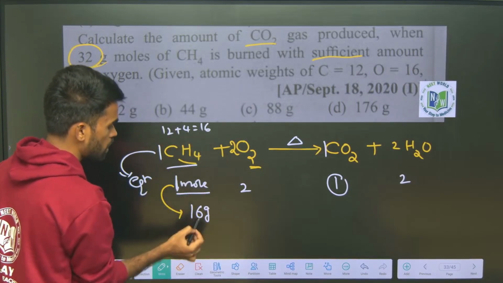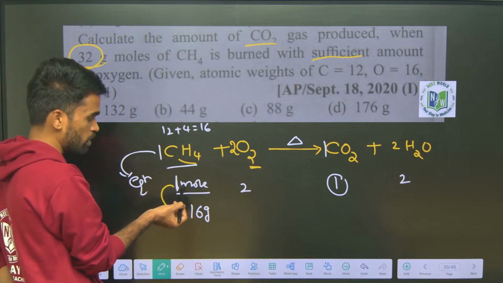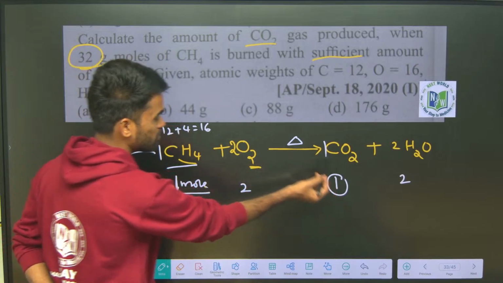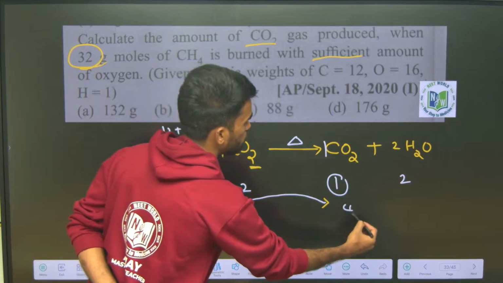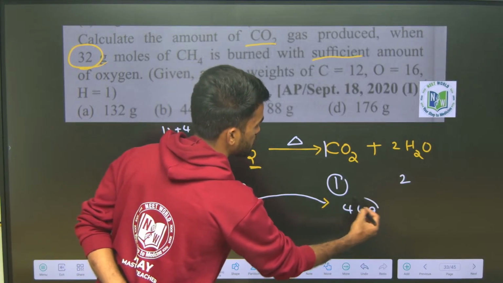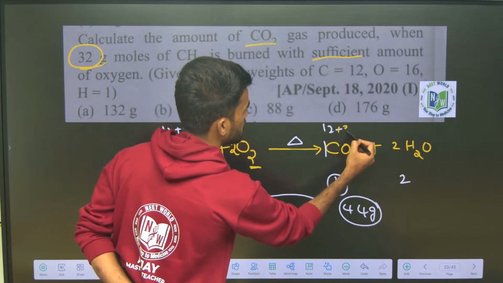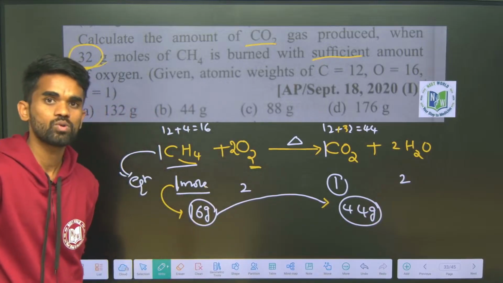In the place of 1 mole, I am writing 16 grams. So for 16 grams of methane, the product formed will be 44 grams of carbon dioxide. Why 44 grams? For carbon it is 12, for oxygen it is 32, so the total sum will be 44. That's it, 44 grams of CO2 is formed.